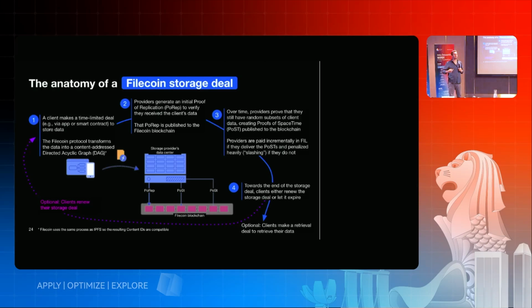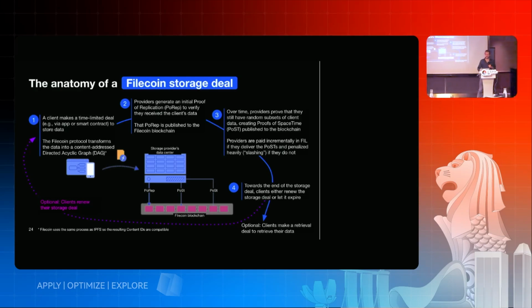And if the storage provider does not show that proof of space-time, they actually get penalized by having Filecoin slashed from their wallet. And then at the end of the deal, these deals are time limited. At the end of the deal, the client can decide to renew or to find a new storage provider to work with.